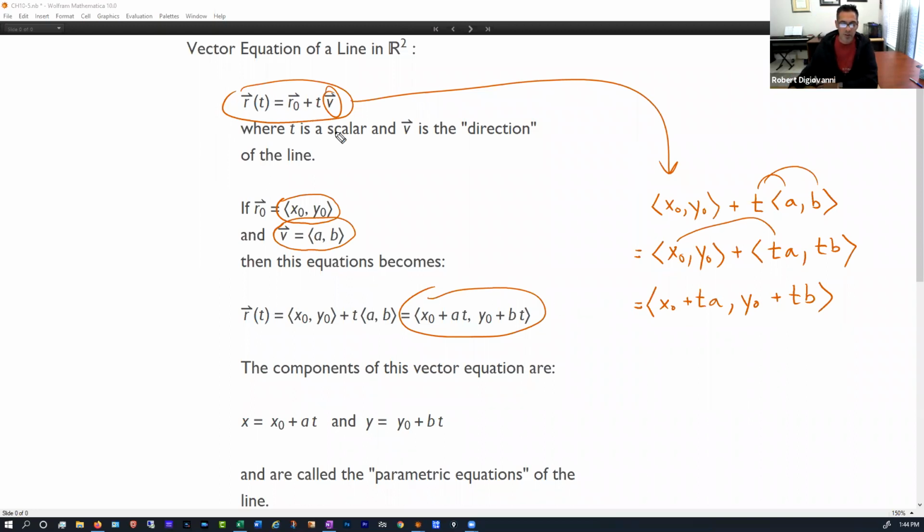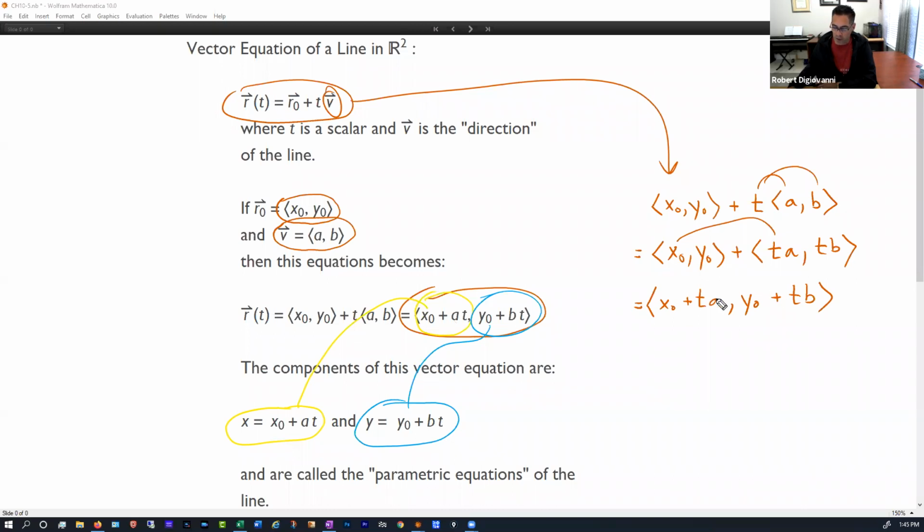So when you have the vector equation of a line and you're able to break it down like this, this first piece, and this other one, the part that gives you the y component, these are often referred to as the parametric equations of the line.